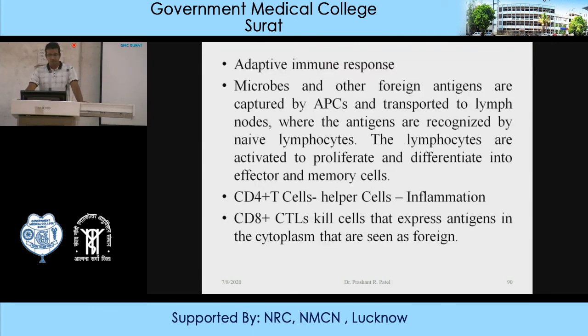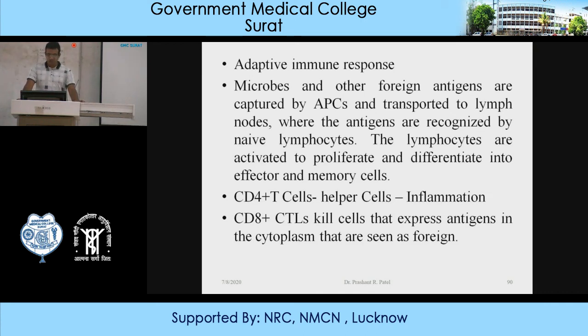In the adaptive immune response, microbes and their foreign antigens are captured by antigen presenting cells and transported to draining lymph nodes, where these antigens are recognized by naive lymphocytes with the help of receptor complexes like the T cell receptor complex. These lymphocytes are activated, proliferate, and differentiate into effector cells and memory cells.